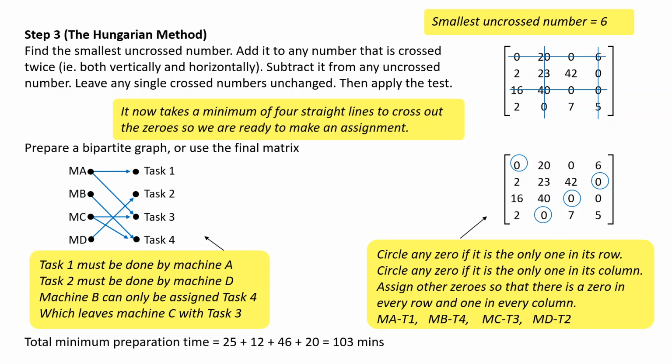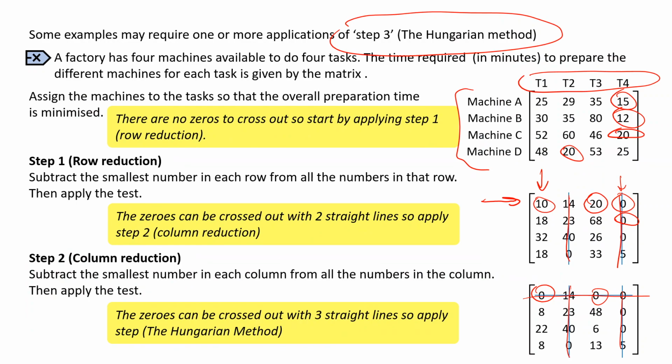Alright, so if we look back at the previous matrix here, the smallest uncrossed number is 6. So that 6 is the smallest uncrossed number. And what we have to do is add it to any number that is crossed twice. So we'll have to add to that one and add to this one. So they're crossed twice. We have to subtract it from any uncrossed.